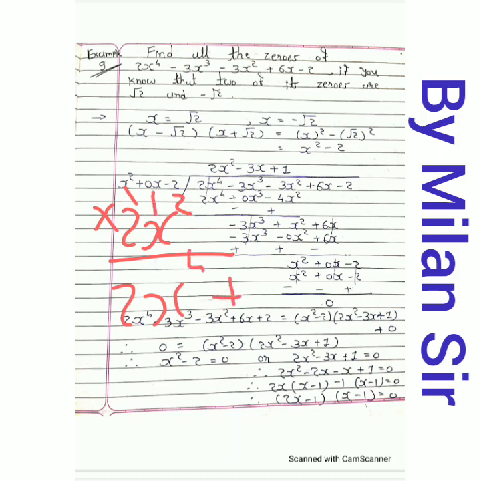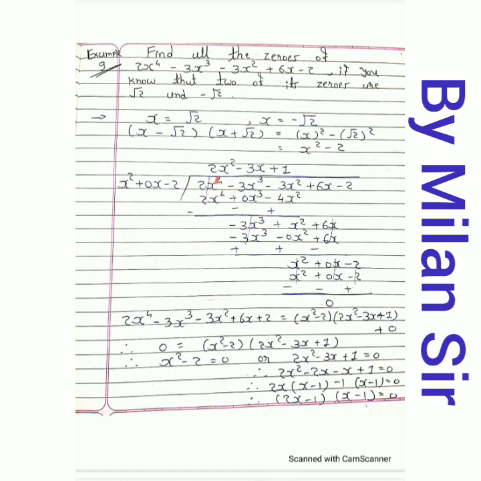Then with the second term, 0 into 2x square is 0x cube, and with the last term, minus 2 into 2x square is minus 4x square. So this I have already written here: 2x^4 plus 0x cube minus 4x square. Then for the subtraction process, change the sign. Plus is converted to minus, plus is converted to minus, minus is converted to plus.